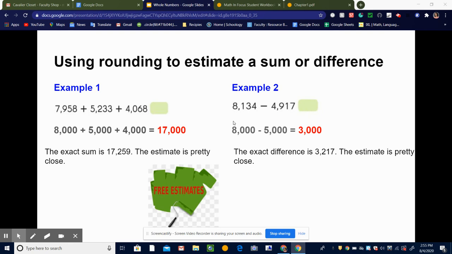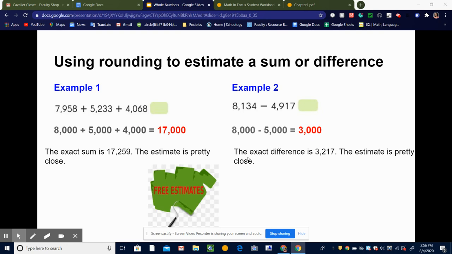So let's look over here. Here we're subtracting two numbers. In the same way, I'm going to round to the nearest thousand just to make the numbers easier to do in my head. So 8,134 will round to 8,000. 4,917 will round to 5,000. And now I have numbers that I can calculate in my head. 8,000 minus 5,000 is 3,000.